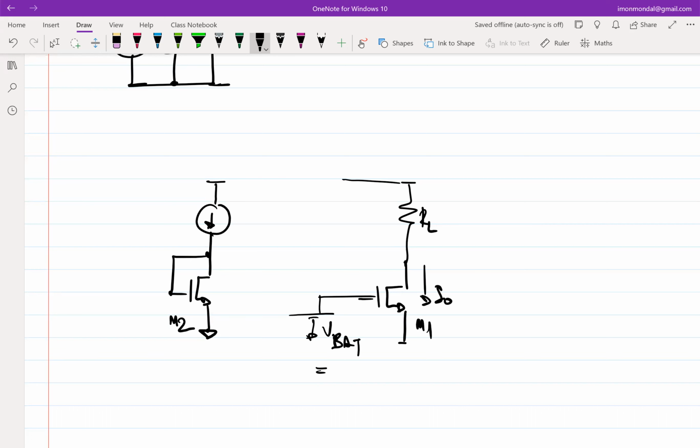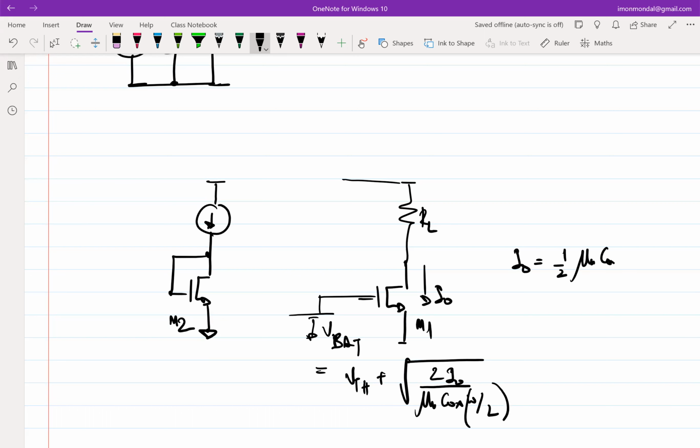That is equivalent to VTH plus square root of 2 I0 by mu n Cox W over L. This equation you can get by expressing VGS in terms of I0, because ultimately we want the VGS to be made automatically.